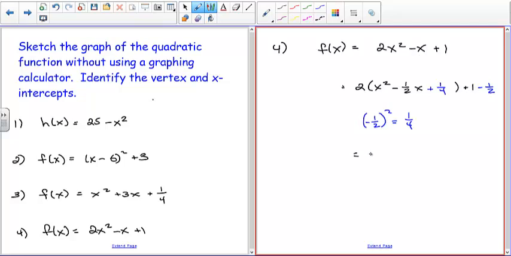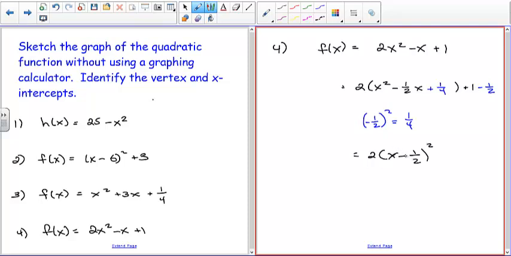So the complete square that results from these 3 terms is x minus this number. Is it x minus 1/2 or plus 1/2? It must be x plus whatever this number is. In our case it's negative 1/2, so we're adding negative 1/2, and you square that.